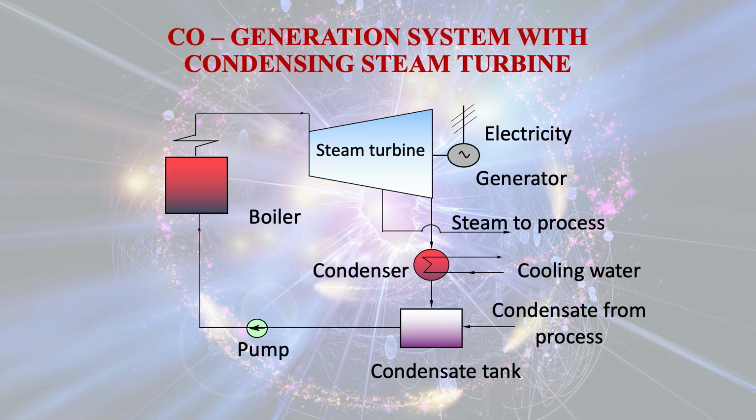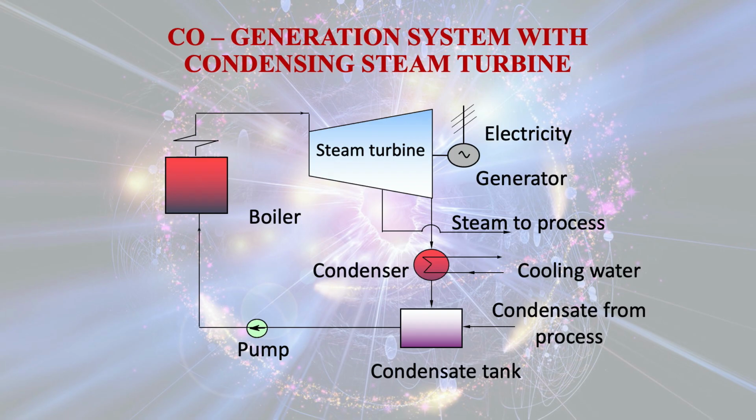That heat we can get from the steam turbine, either tapping or extracting heat in between the processes of turbine work, and that heat we can utilize as a process heater.